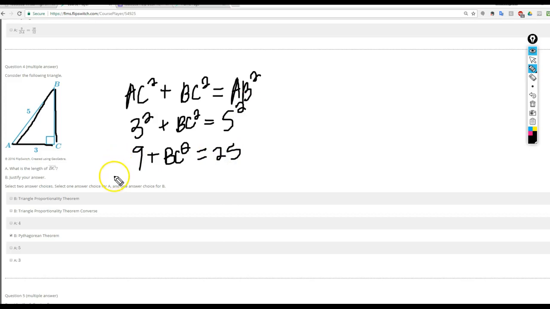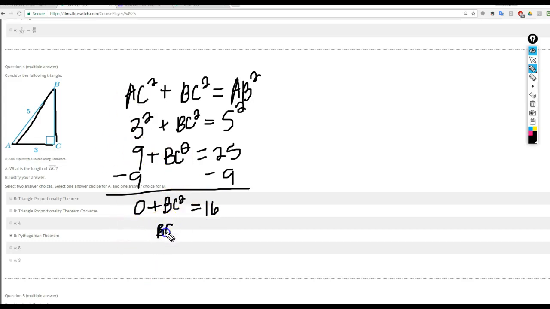Using our subtraction property of equality, I'm going to subtract 9 from both sides. So 9 minus 9 is 0, plus the length of BC squared is equal to 25 minus 9 is going to give us 16. So 0 plus the length of BC squared is BC squared. So BC squared equals 16.